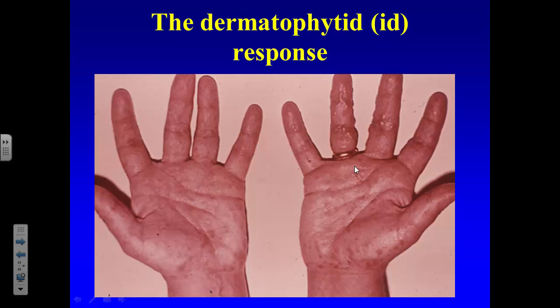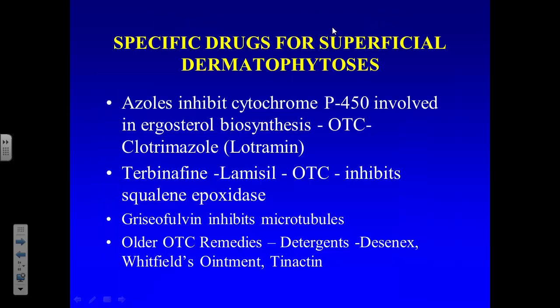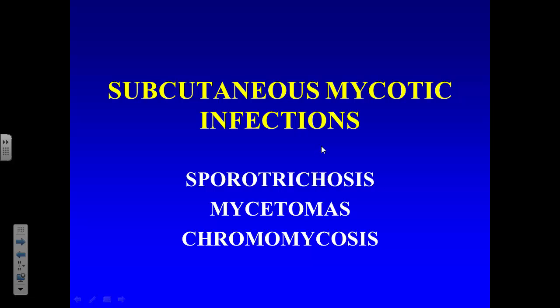And again, if you were to look at these lesions, there'd be no fungus there. But if somebody showed up with this, you might want to look all over their body for a fungus infection of the skin that produces this dermatophytid response. Okay, and this is just, again, a list of the common antifungals, which we're not going to talk about.